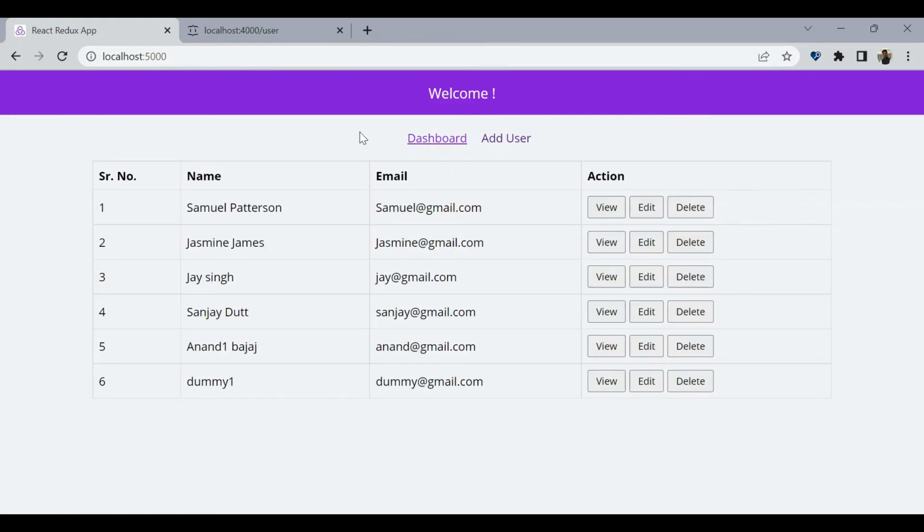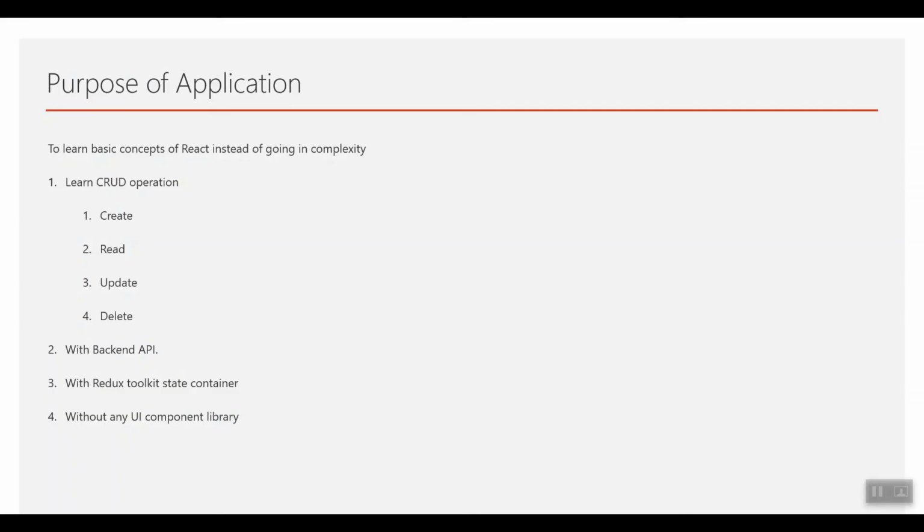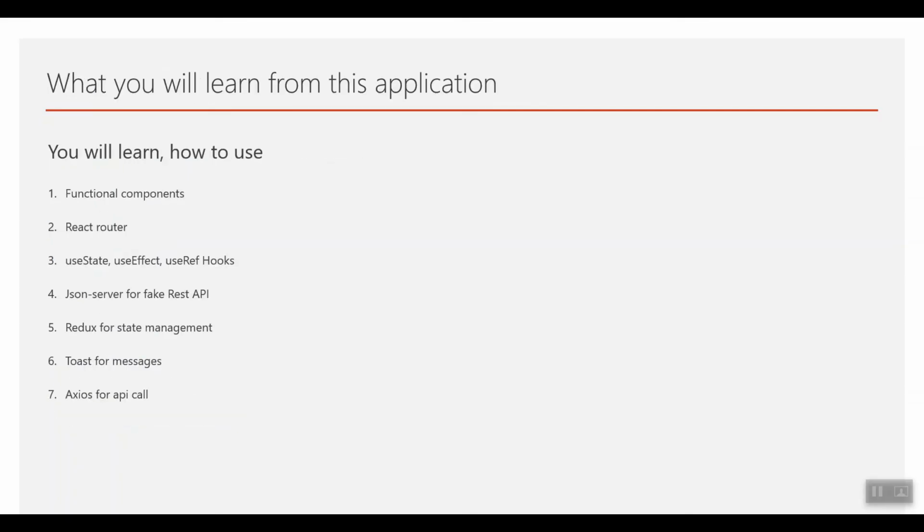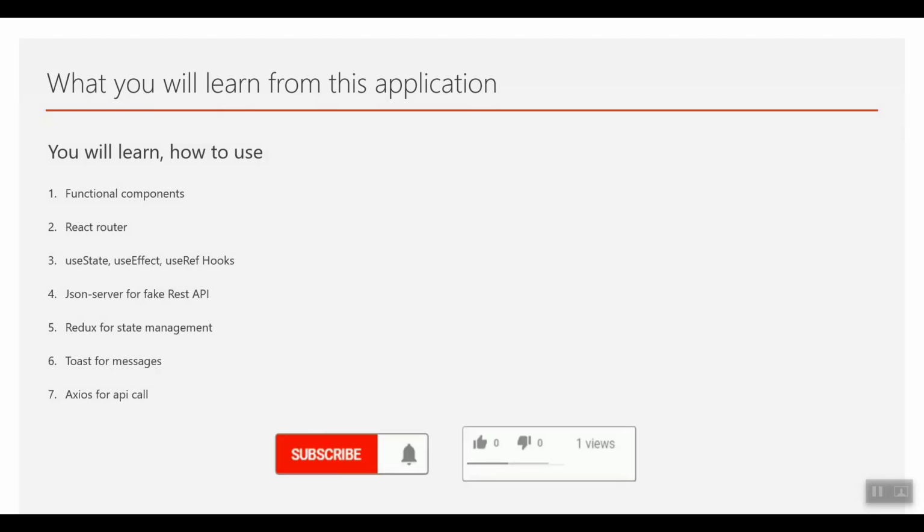Let's see what you will learn from this application. Here we will use functional components, then React Router, some hooks like useState, useEffect, useRef, then JSON Server for the fake REST API, Redux for state management as a state container, toast for the messages, like you see the messages user created, user updated, and Axios for calling the API.